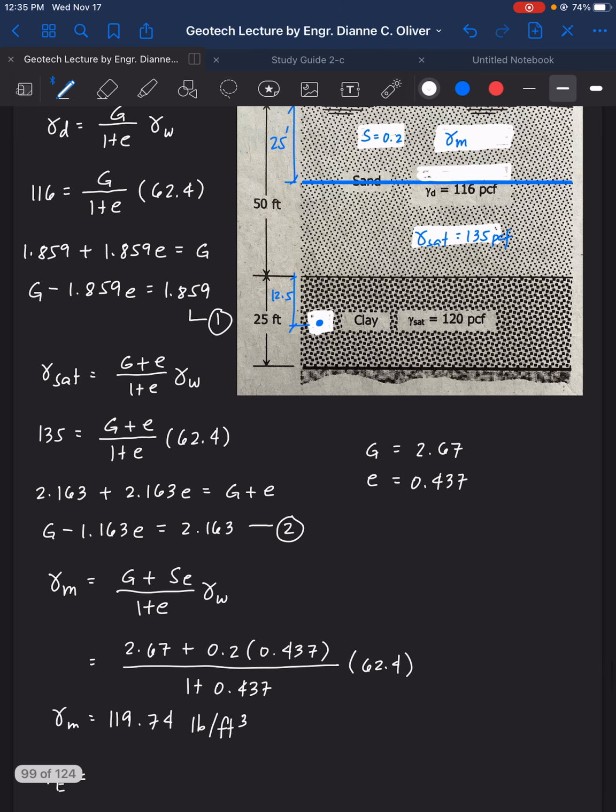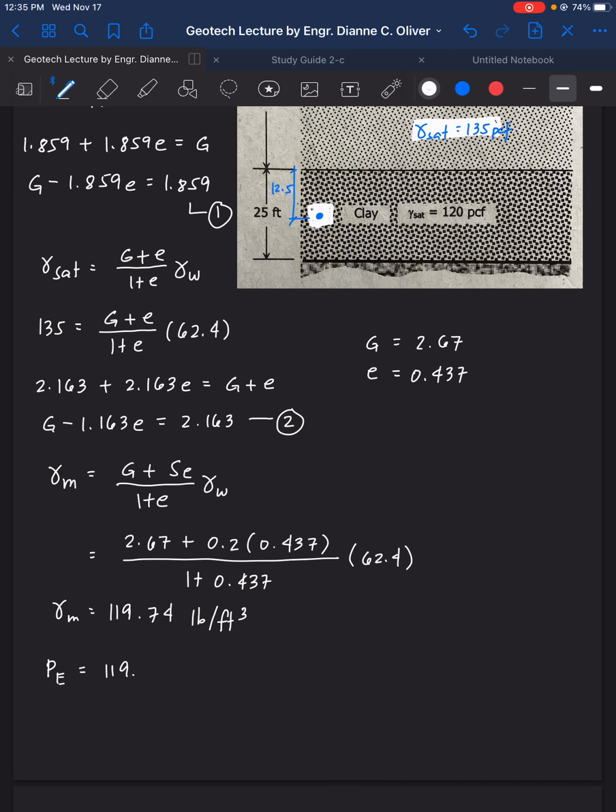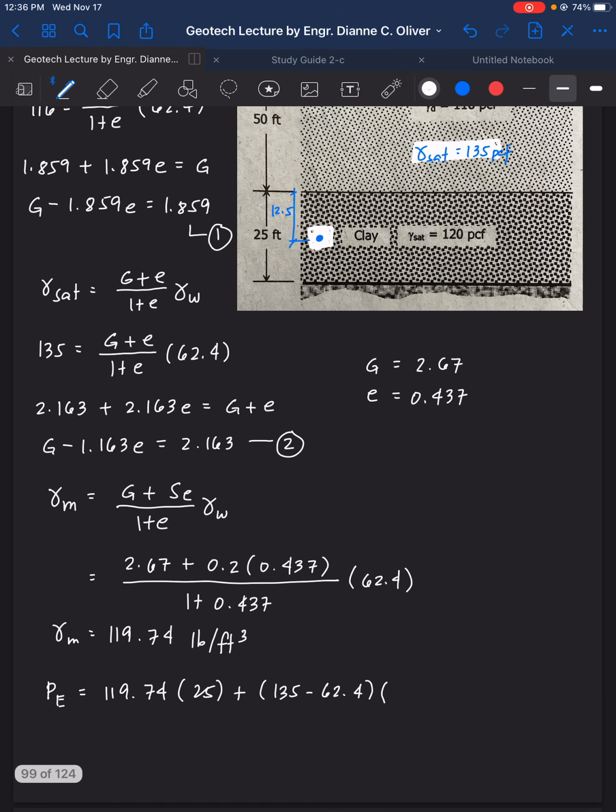So P effective of 25 feet there above the water table is 119.74 times 25 feet, plus the one that is submerged, the gamma sat of the sand 135 minus 62.4 of water multiplied with another 25 feet, plus the gamma sat of clay, which is 120 minus 62.4 of water multiplied with the mid-height of the clay layer 12.5.